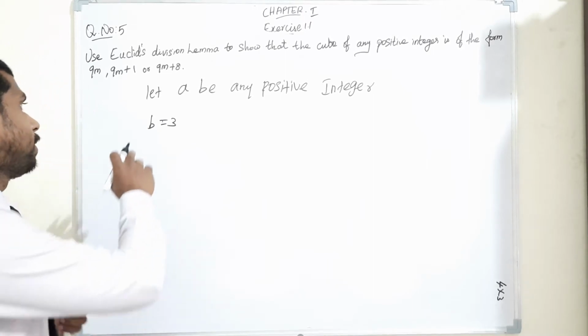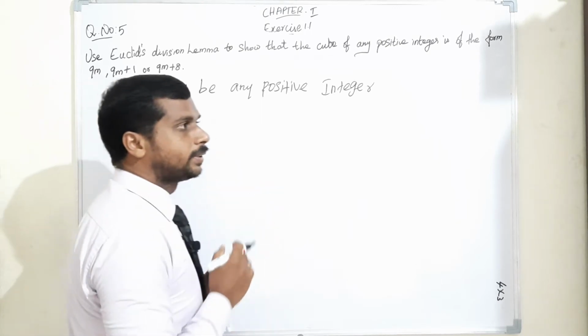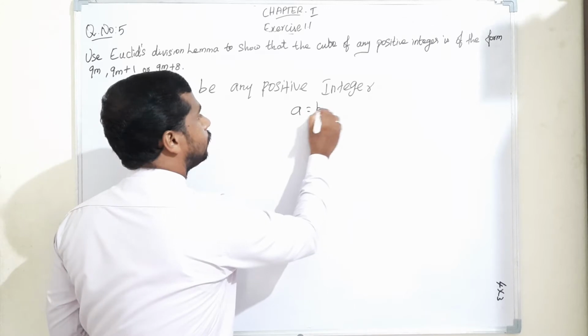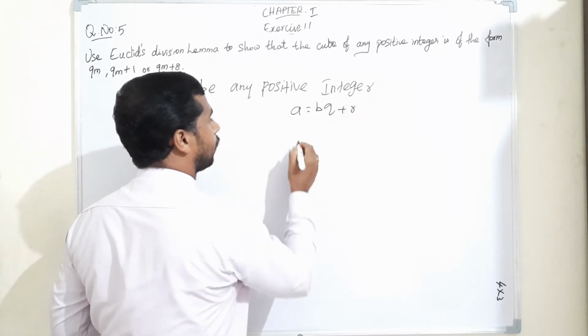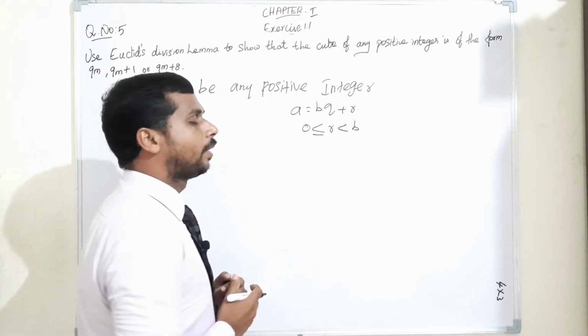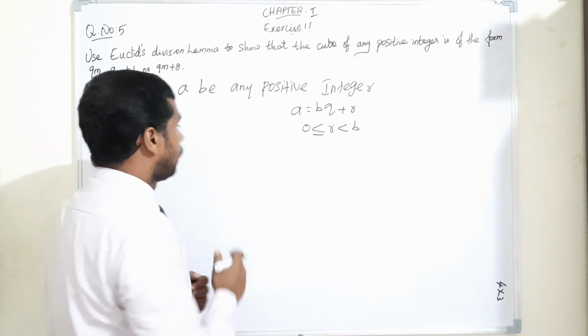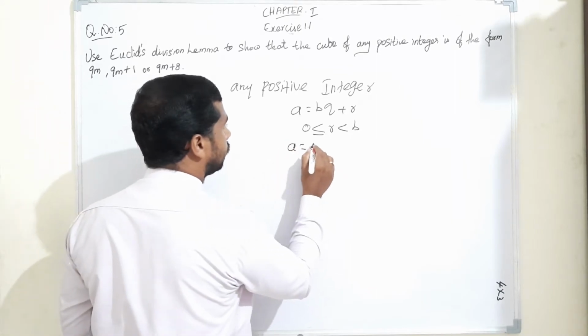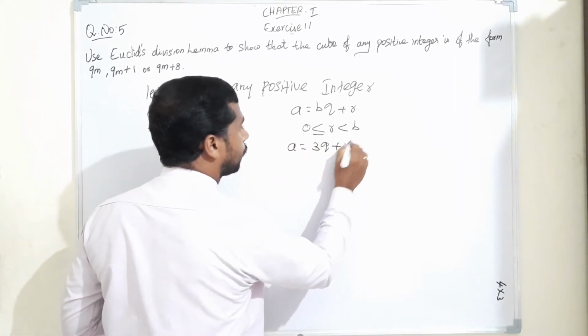Okay. So b is equal to 3, means use Euclid's division lemma. What is the formula? a is equal to bq plus r, where r is the remainder, 0 less than or equal to r less than b. If you consider b equal to 3, what will happen? a is equal to 3q plus r.